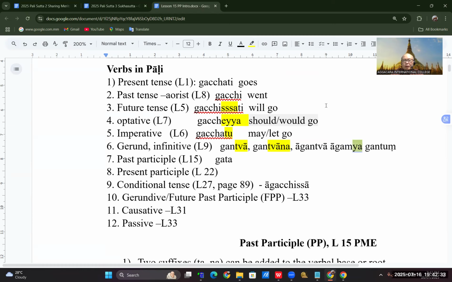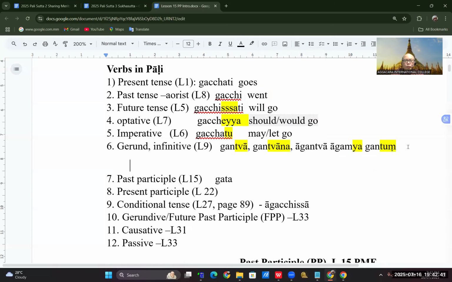So this is tuṃ. Tuṃ is the infinitive, all right? Infinitive means 'to go'. So you translate the former as 'having gone' or 'after going'. So sometimes you have ya, or tvā, or tvāna. Tuṃ will be 'to go'. Literally, every time you see the word tuṃ, you can translate it in your mind as 'to go'.